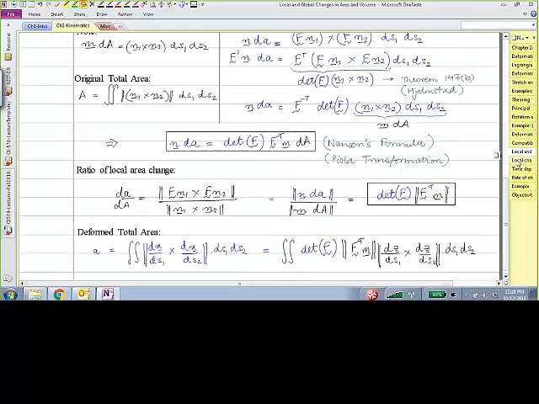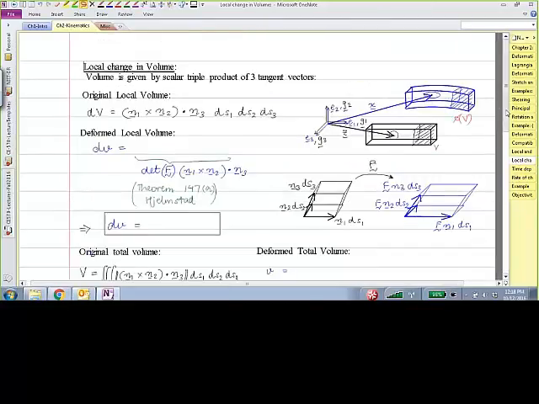All right, so very quickly, I'll also talk about change in volume, which is actually much simpler than area. But if you remember, we said that local volume, if I gave you a parameterization of a body, let's say this body, we have this black body, and I'm considering this partial volume of that body. So if I want to find the volume of that body, I need a parameterization in terms of 3 parameters, S1, S2, and S3.